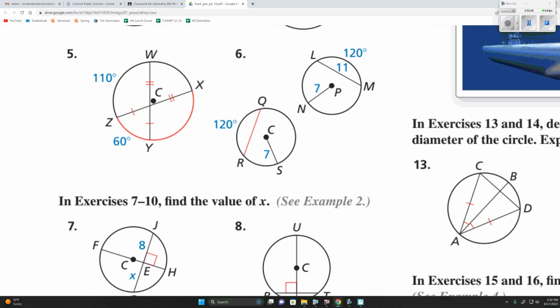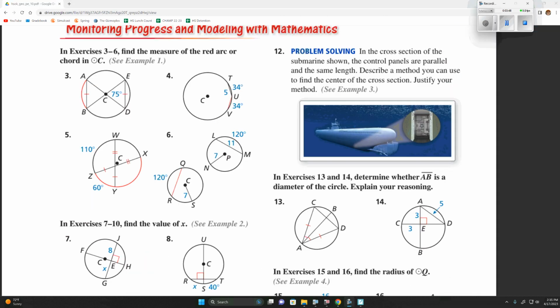So I'm going to pause this here. If we look at number 3, since these two chords, AB and DE, are congruent, it means arcs AB and ED are congruent.